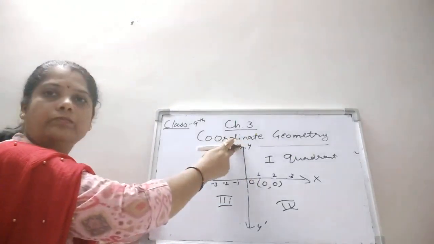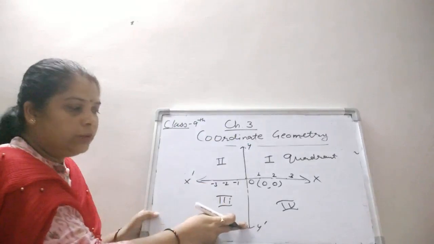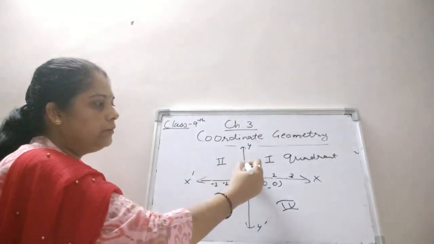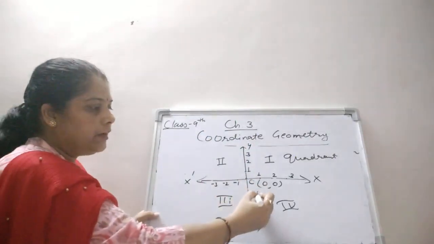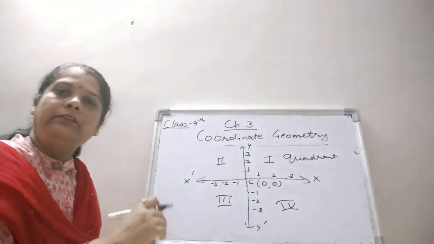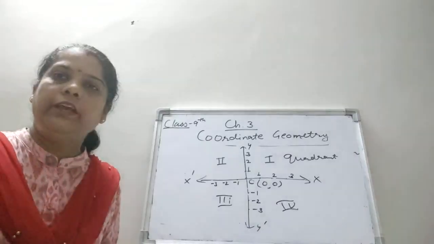Now on the upper side we have the positive y-axis and on the lower side we have the negative y-axis. So positive numbers we write on the upper side and negative numbers on the lower side. I think all of you know this.